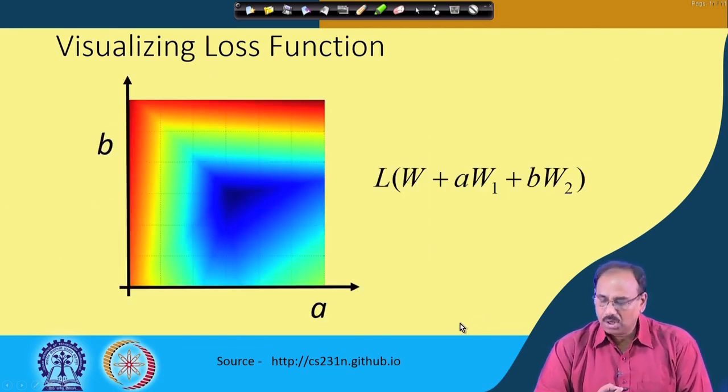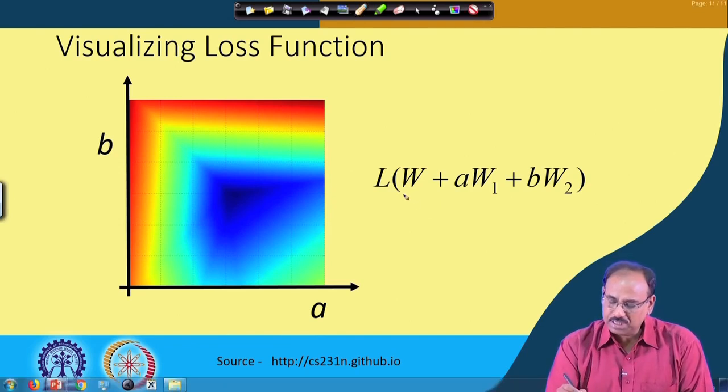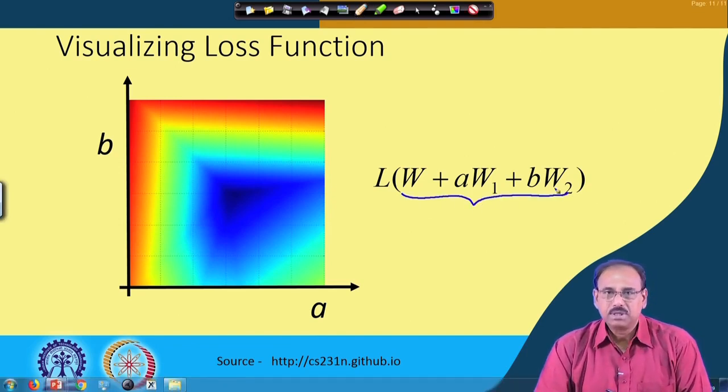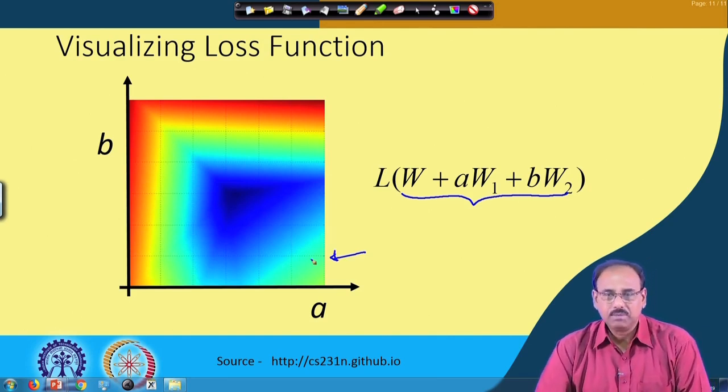Every point on the plane defined by these two directions can be determined by the expression W plus A times W1 plus B times W2. Again, if I record the loss value for different values of A and B, which are the parameters in this case, I get a loss function in this form. This is the plot of the loss function in two dimensions.